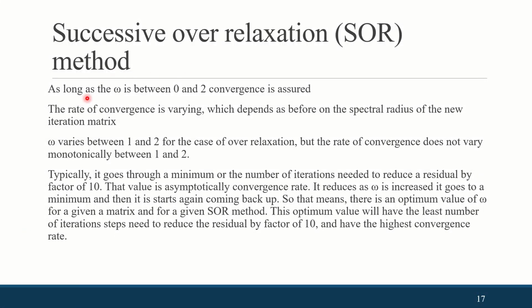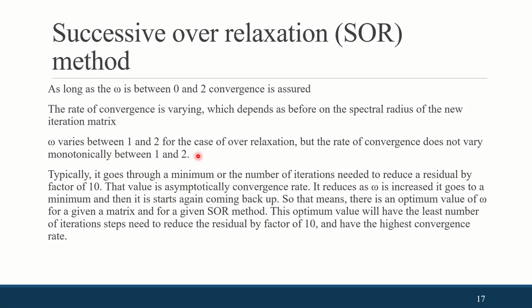So as long as omega is between 0 and 2, convergence is assured. This is the fact with SOR, the optimal SOR. The rate of convergence varies, which depends, as before, on the spectral radius of the new iteration matrix. Omega varies between 1 and 2 for the case of over relaxation, but the rate of convergence does not vary monotonically between 1 and 2.